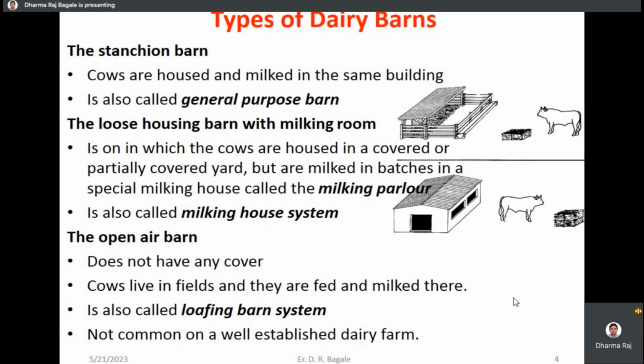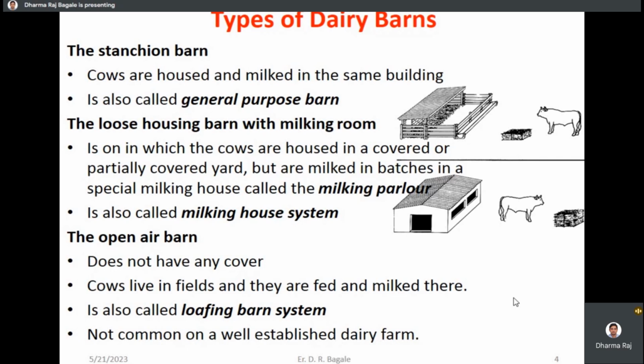This is where we have sufficient land, and the value of the land, actually the rent of the land, is not much. In that condition, the loose housing system can be beneficial because it requires fewer structures than the stanchion barn. Mainly in Western countries, you can see this type of loose housing system in the US or Australia.